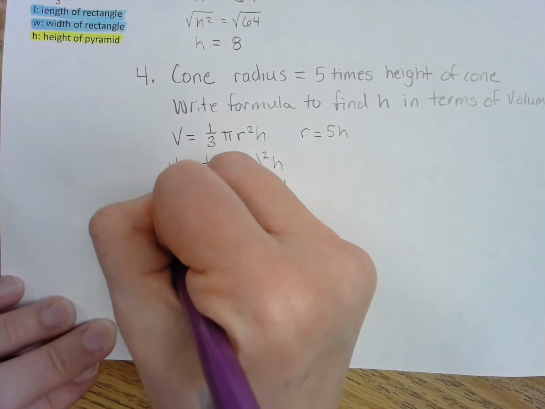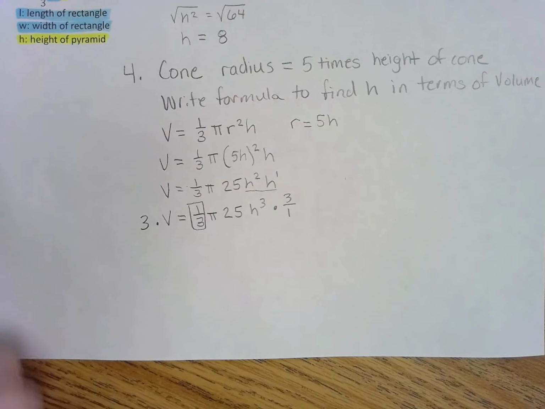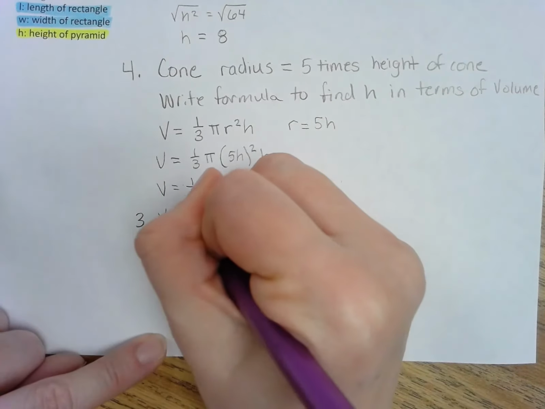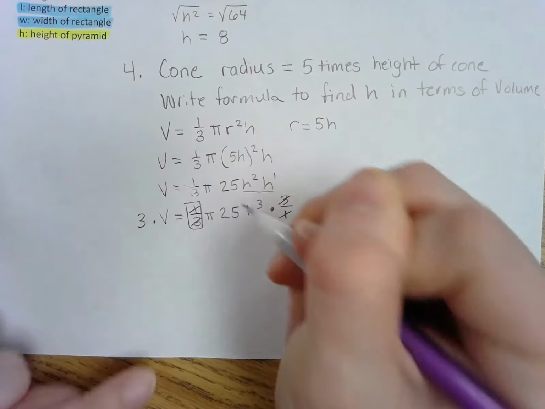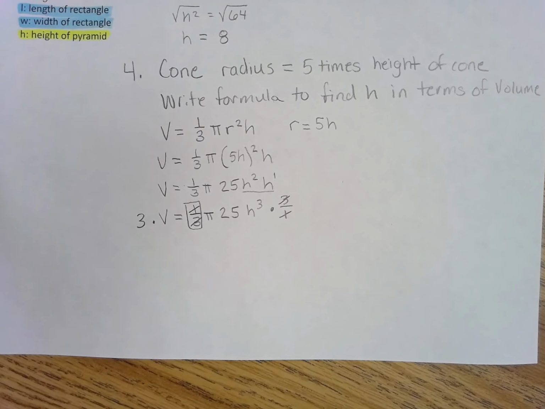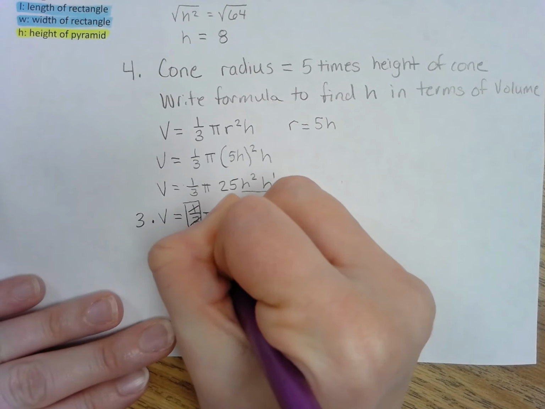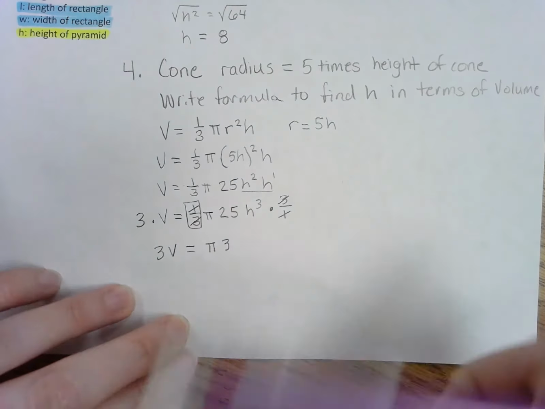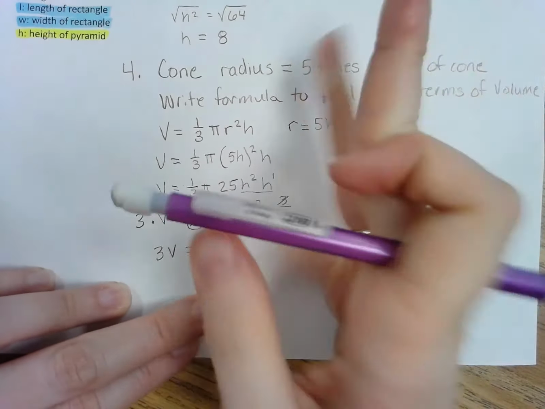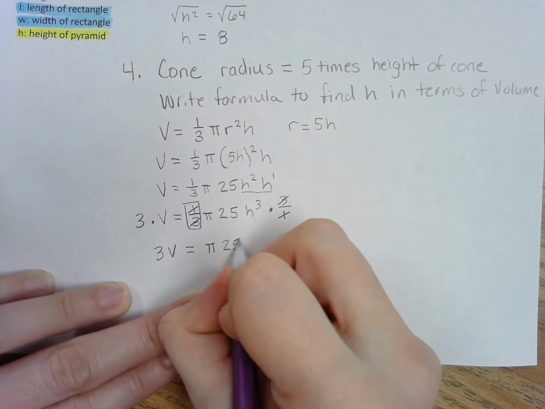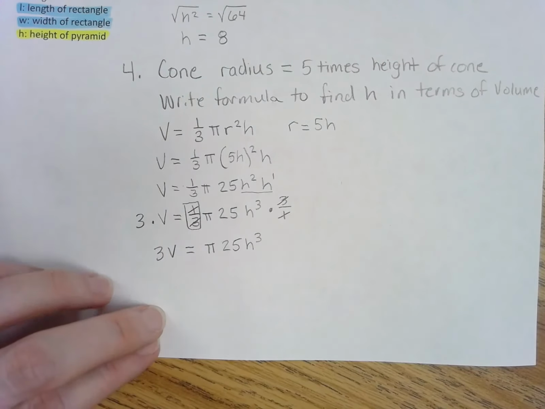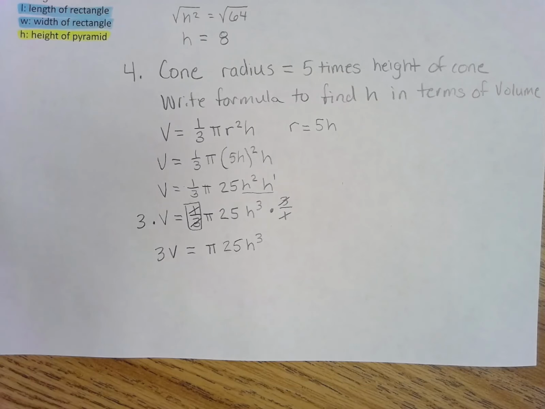So times 3 on both sides. By doing that, it cancels out that entire fraction, and thank goodness we don't have to deal with that anymore. So we have 3v equals pi times 25 times h cubed.